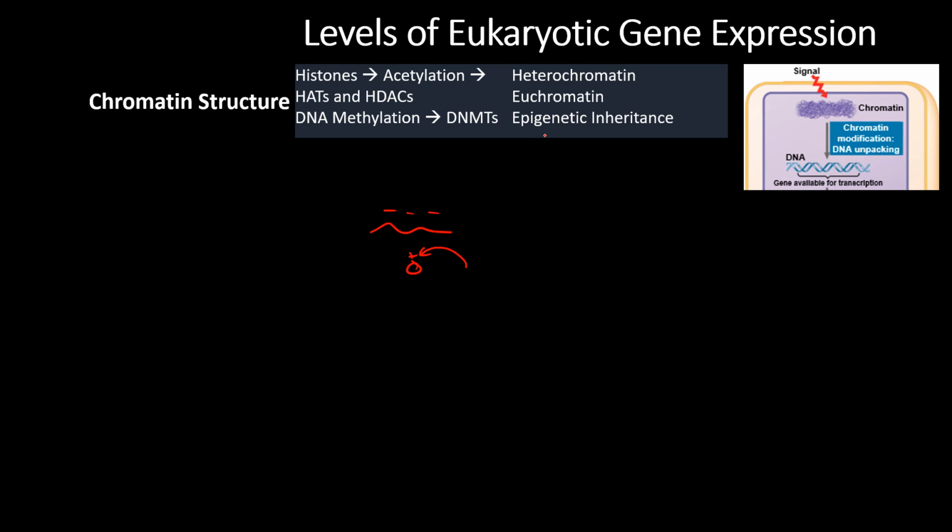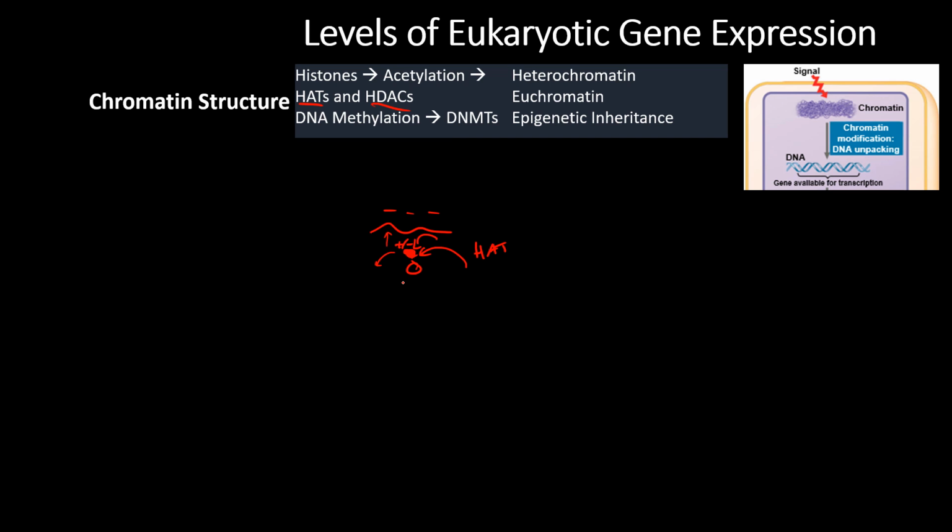There are two enzymes: histone acetyltransferases and histone deacetylases. A histone acetyltransferase, a HAT protein, will transfer an acetyl group to that positive charge, masking it. If it masks the positive charge, so it is now essentially neutral, then the histone will no longer spontaneously bind to the negatively charged DNA.